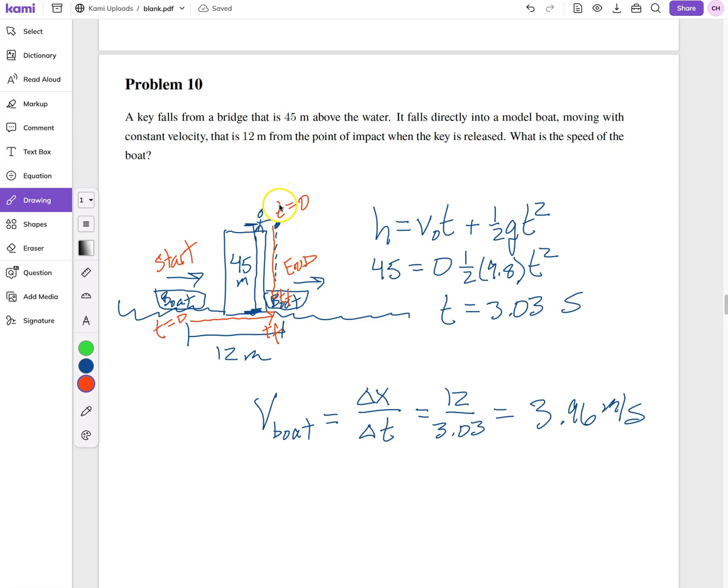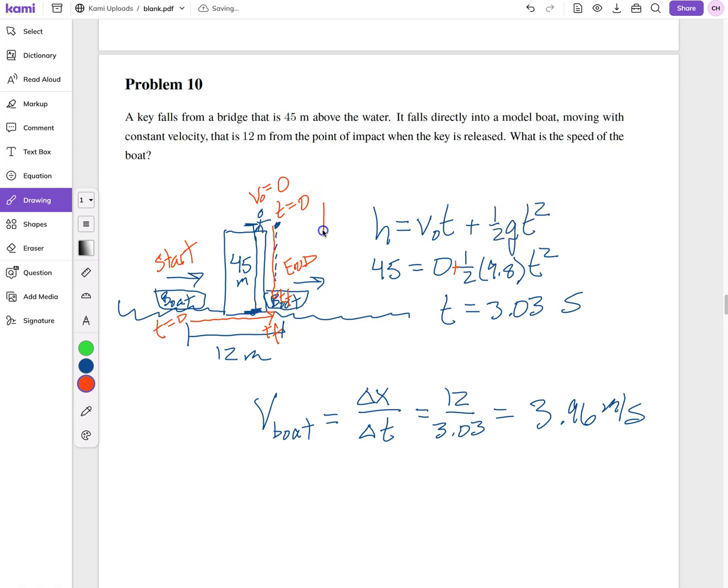So we know that once we drop this as the boat's moving, then it goes under the bridge, and that falls directly down into the boat. So the height we know of this bridge, and we know the original speed of the key at the very top is 0. So that's the original speed of the key. And we can then add to that 1/2 of gravity times time squared.